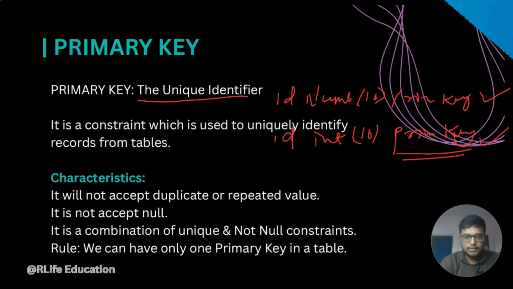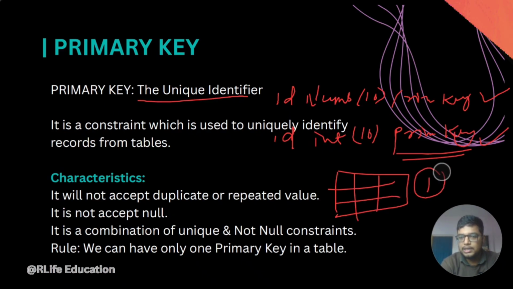Okay. What is the condition? When we are going to create a table, in this table we can have a maximum of only one primary key. More than one, we are not able to declare. This is the most important rule. And this is all about the primary key.